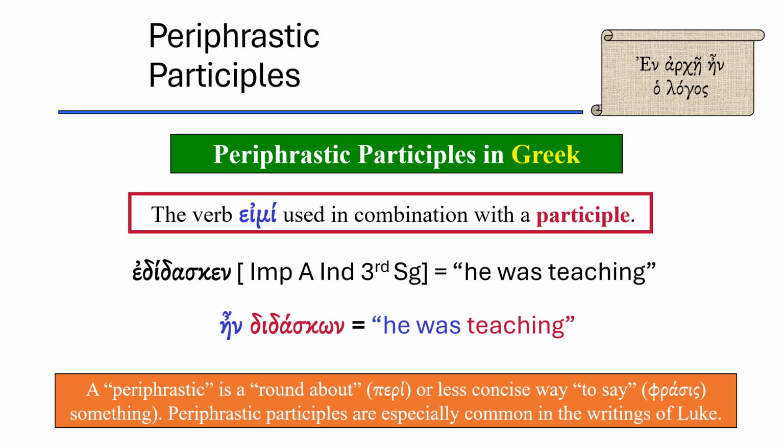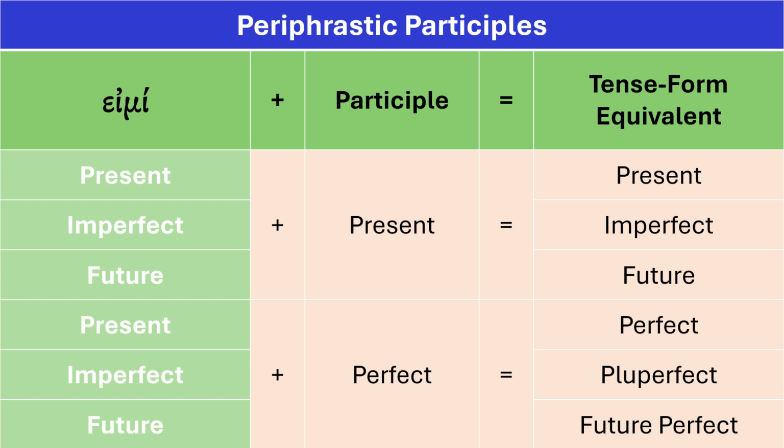Periphrastic participles are especially common in the writings of Luke. So here you can see a chart with the eimi and options, either in the present, imperfect, or the future. When added to a present participle, you're going to continue on in the tense form equivalent. So you're going to translate that participle with a present, imperfect, or future sense based on the tense that the eimi is in.